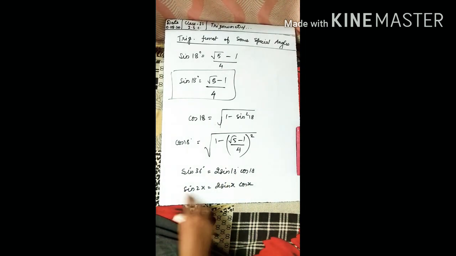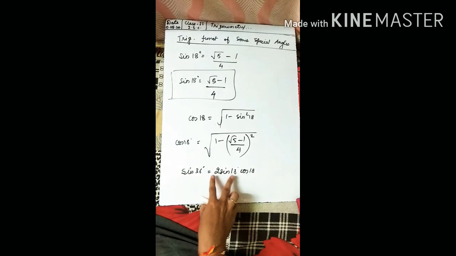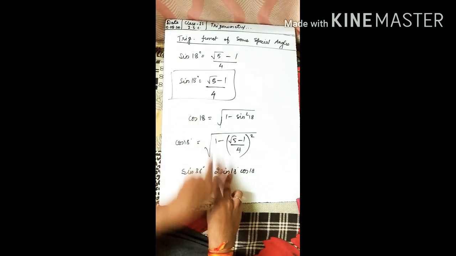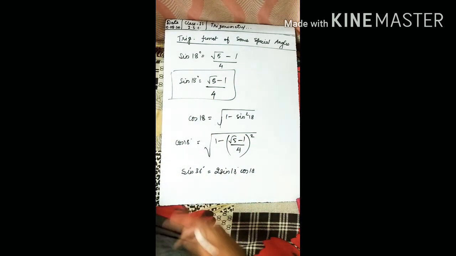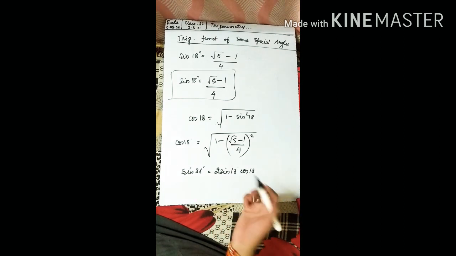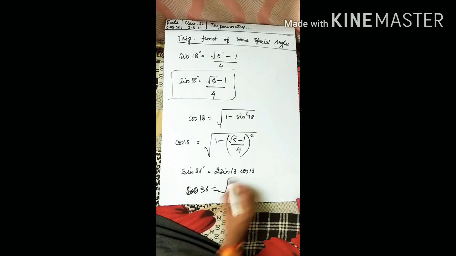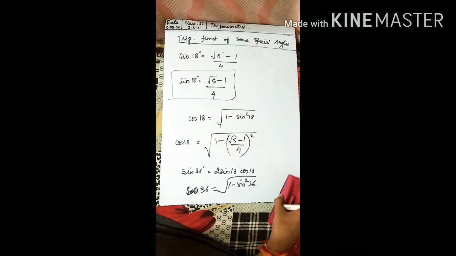So using sin 2x is equal to 2 sin x cos x, we can express sin 36 as 2 sin 18 cos 18. Now you have sin 18 value and cos 18 value, so you will get sin 36. And similarly, if you want to find cos 36, it can be expressed as under root 1 minus sin square 36. That is how we will find all the 4 trigonometric angles.